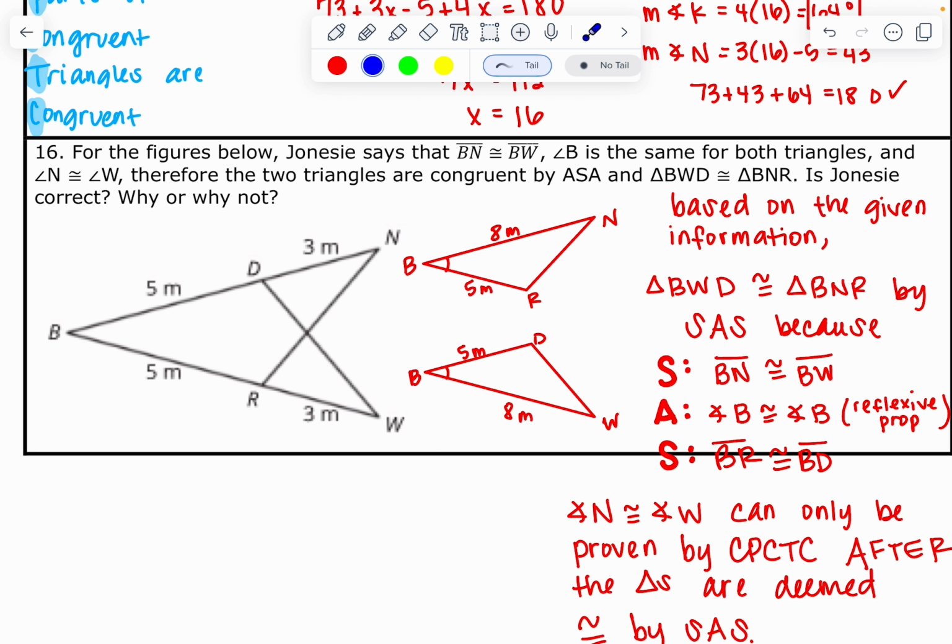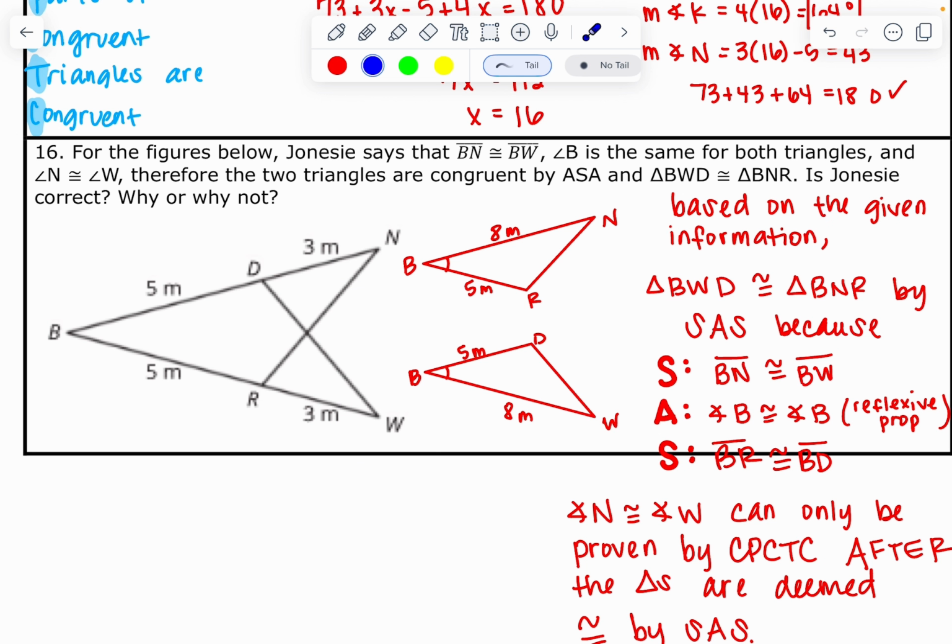Therefore, the two triangles are congruent by ASA. So, anyway, is Jonesy correct? Well, if we can assume that this was a question that Jonesy was presented with, and that this person assumed these two were congruent, this was not secret information that Jonesy had, then no, Jonesy was not correct.